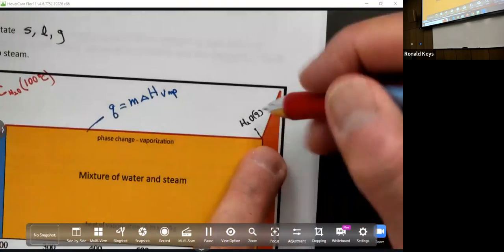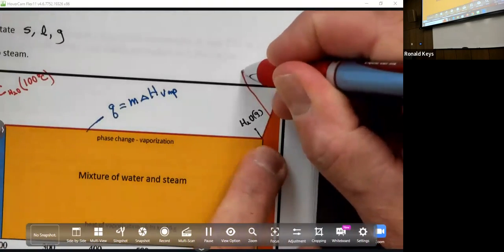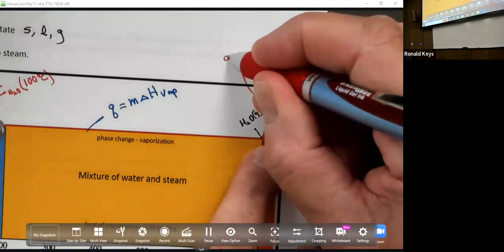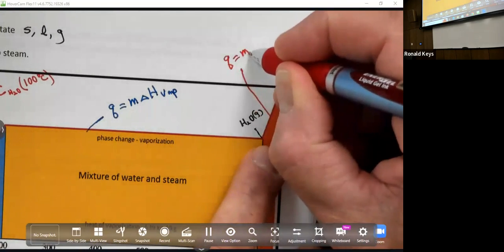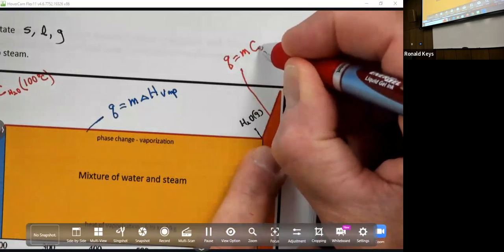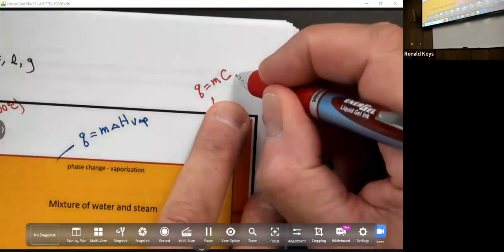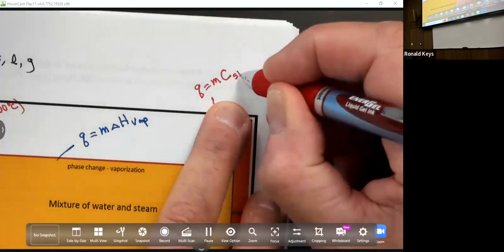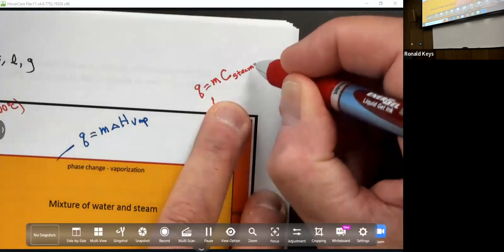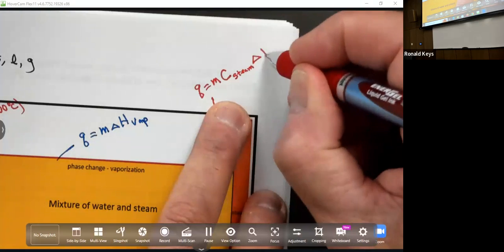Then we have to raise the temperature, which is going to be Q is equal to the mass, the specific heat of H2O gas or steam. I'll put the word steam in there, and the temperature change.